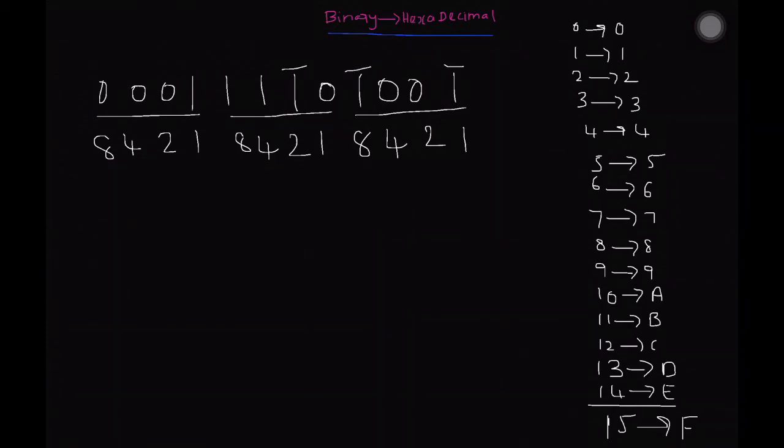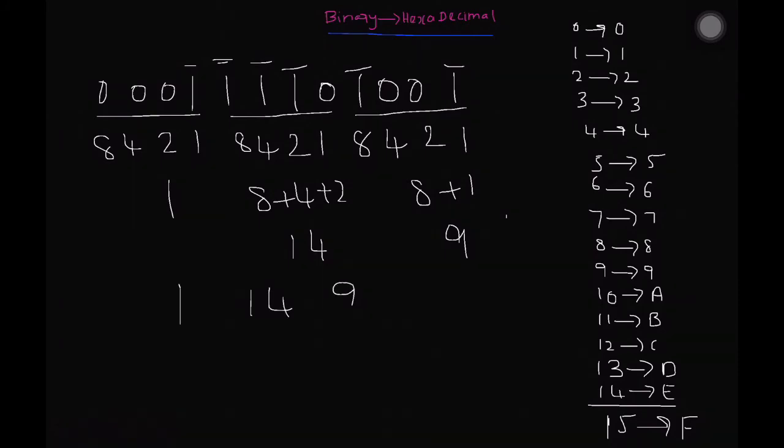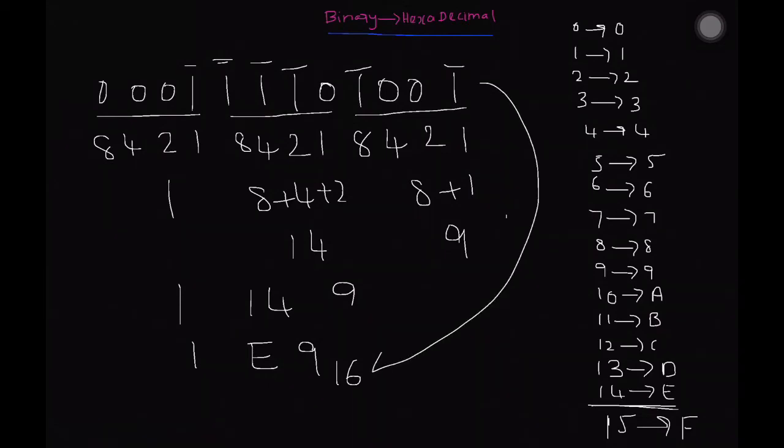This one, 1, 1, 1, 1 values. Here we got answer 1. Here 8 plus 4 plus 2, 14. Here 8 plus 1, 9. So 1, 14, 9. 14 means here E. 1E9 to the base 16. This is how to convert from binary to hexadecimal.